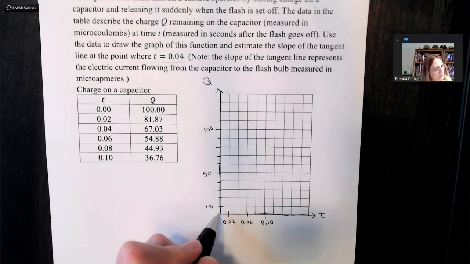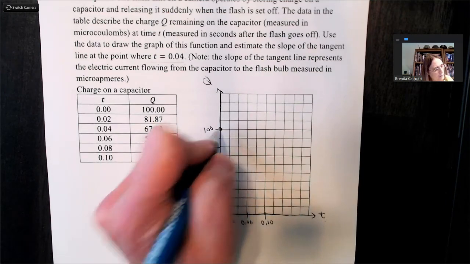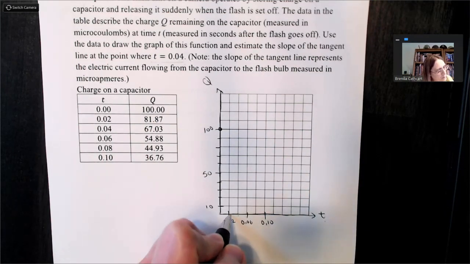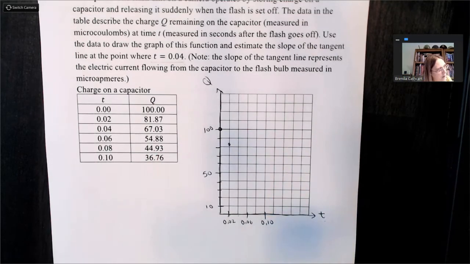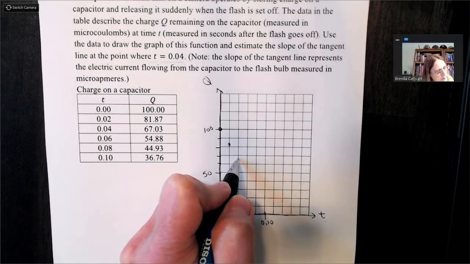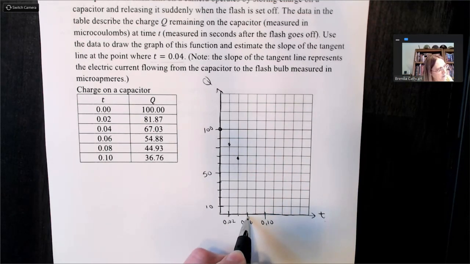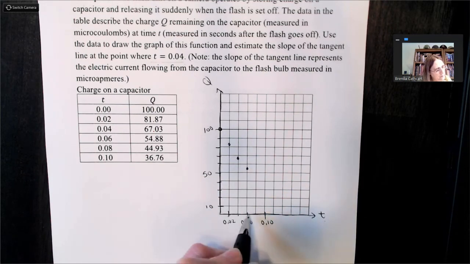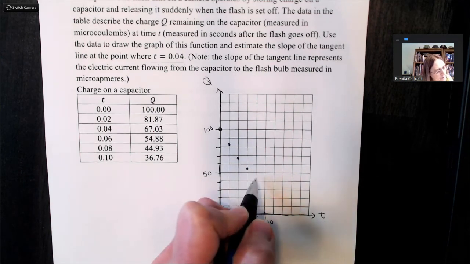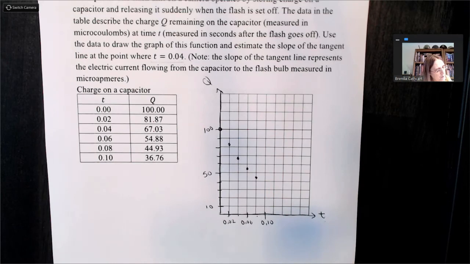So let's quickly graph those points. We have 0, 100, 0.02, 81.87, and 0.04 is at 67, 0.06 is at 54, almost 55, 0.08 is at 45, pretty close, and 0.10 is at 36.